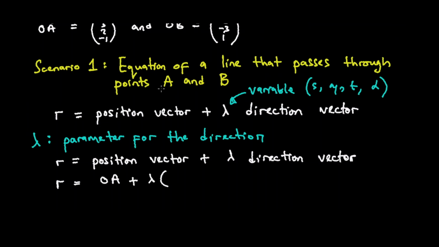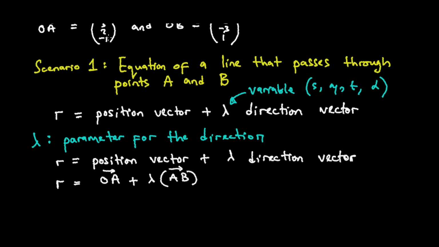So in our question, the equation of a line that passes through points A and B, our direction vector is going to be AB, because AB is a vector which is parallel to the line. Then it is needful to do it like this: r is equal to OA plus lambda AB.